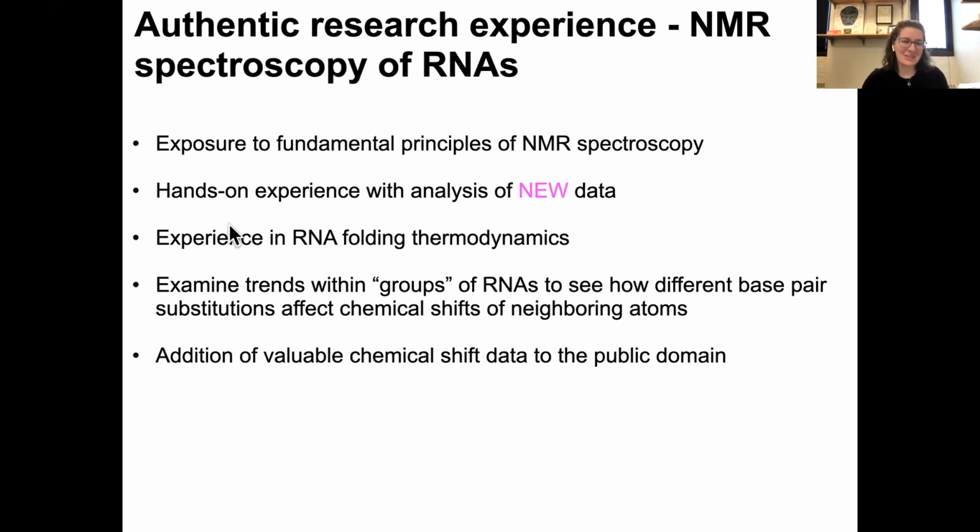I didn't talk about this aspect, but we also taught students a little bit about RNA folding and thermodynamics. And students got to really hypothesize and think about trends in chemical shifts and how different sequence and structural features affected the chemical shifts of their RNAs. And again, we've added really valuable chemical shift data to the public domain.